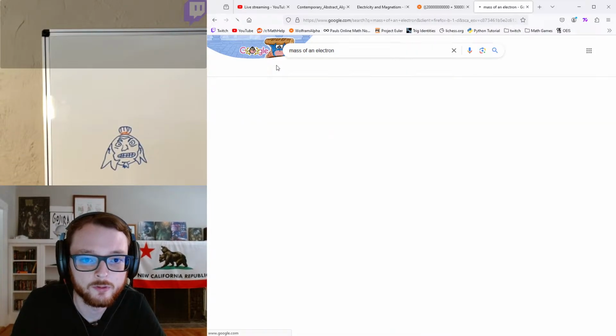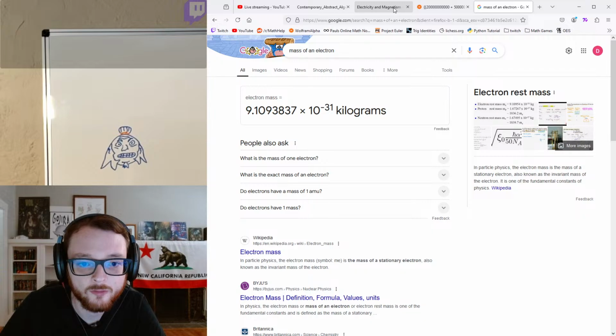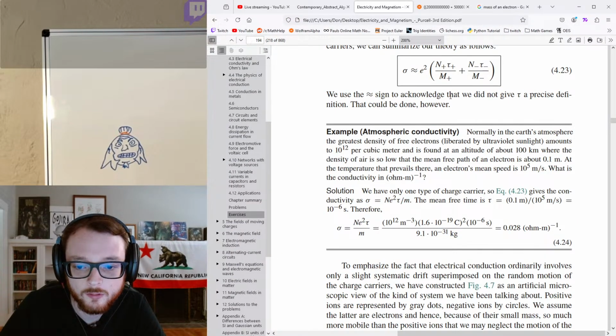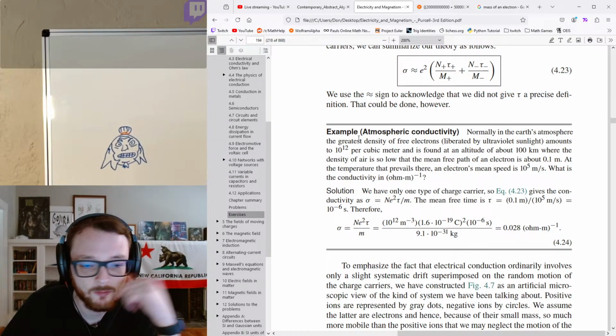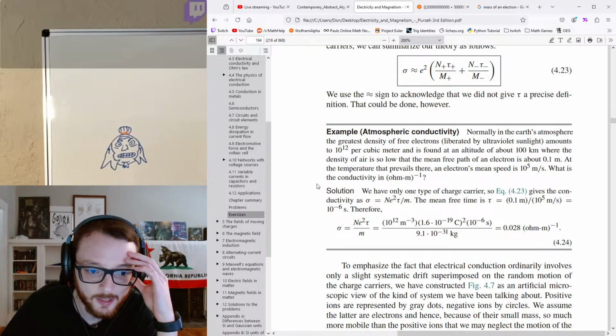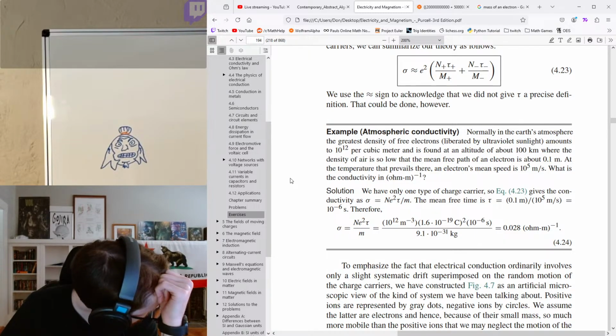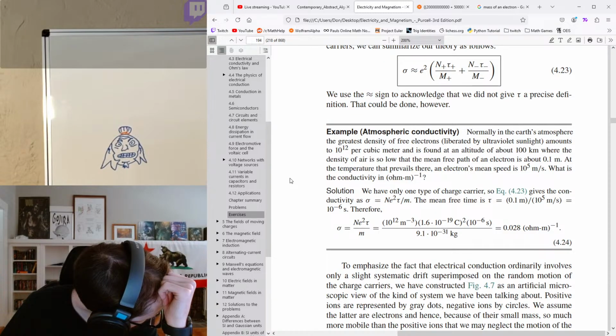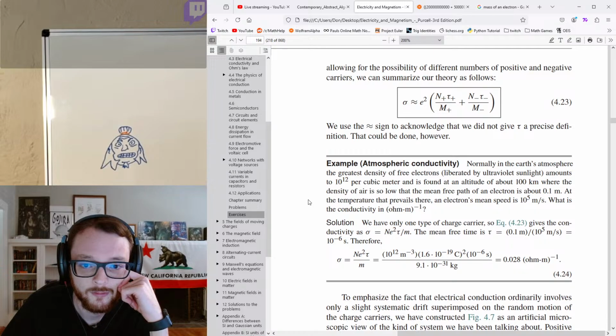It's a pretty small number. That is the mass of an electron. So maybe we do use that for M minus. And if it's water, do we want like hydrogen plus oxygen in kilograms? No. I guess 2 hydrogen and oxygen. Well, what's the actual positive? Is it the mass of a proton?